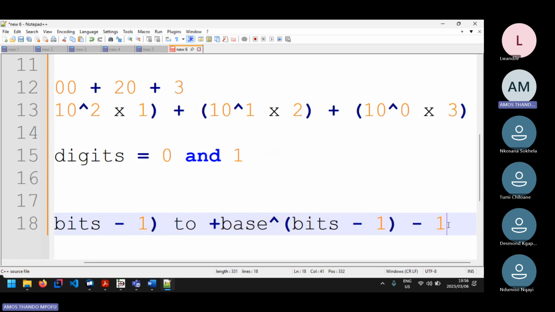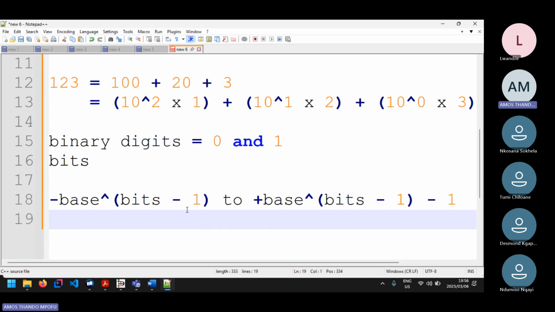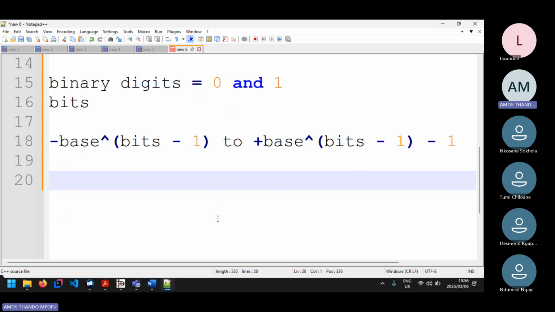So the formula is minus base to the power of how many bits, meaning how many binary digits, basically how many zeros and ones, to positive base to the power of bits minus 1. Then from that final answer you subtract a 1 because of the 0. I hope that makes sense. Just one thing at a time, guys. Patience, we'll get to the answer.